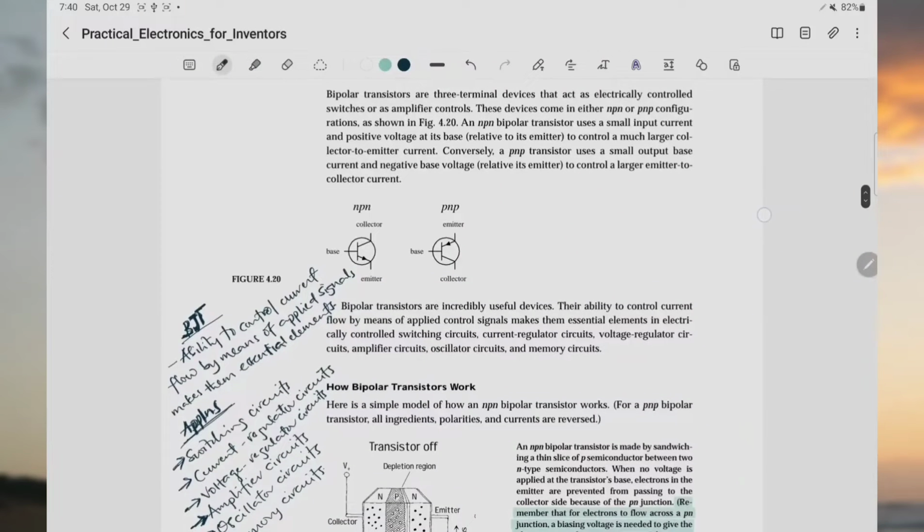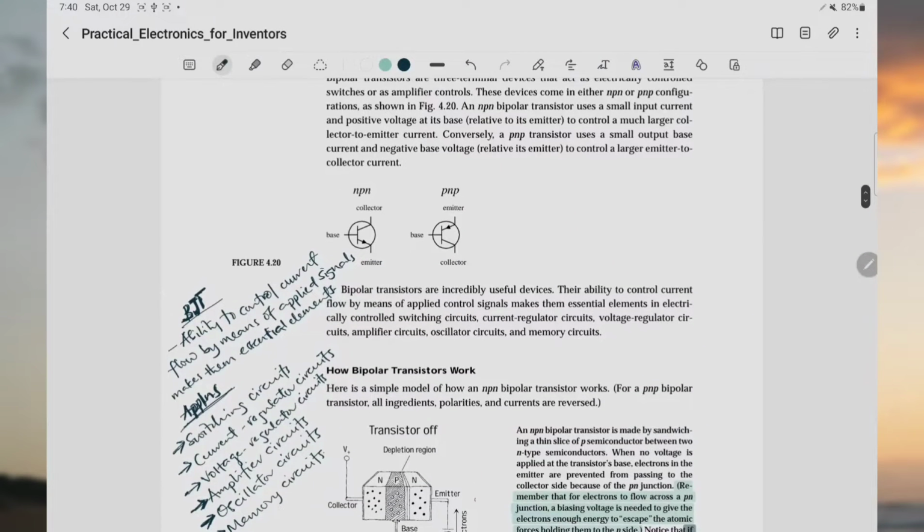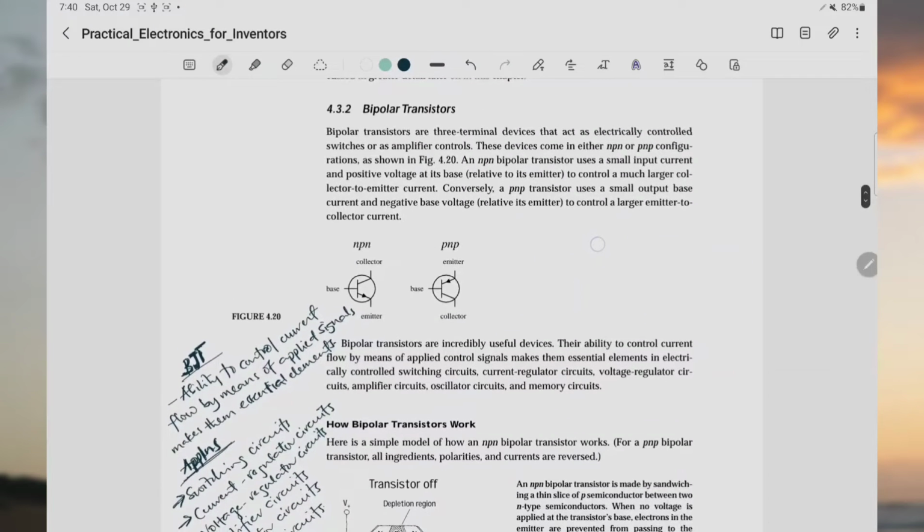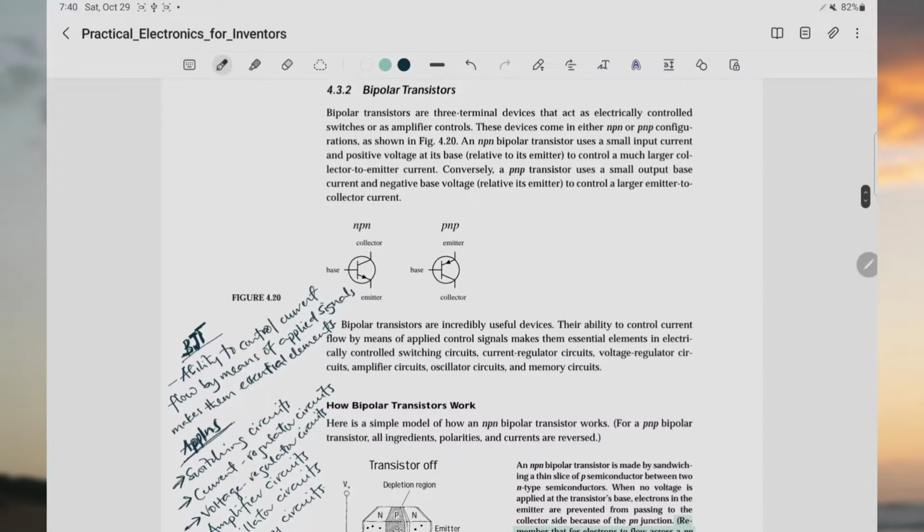Why do we need bipolar junction transistors? We basically need them because of the ability to control current flow by means of applied signals. These transistors help us control the amount of current we want to supply to a particular device by using its control terminal, which is the base.